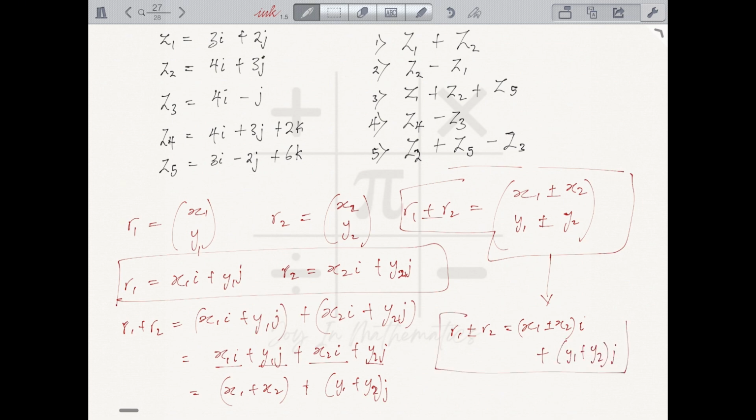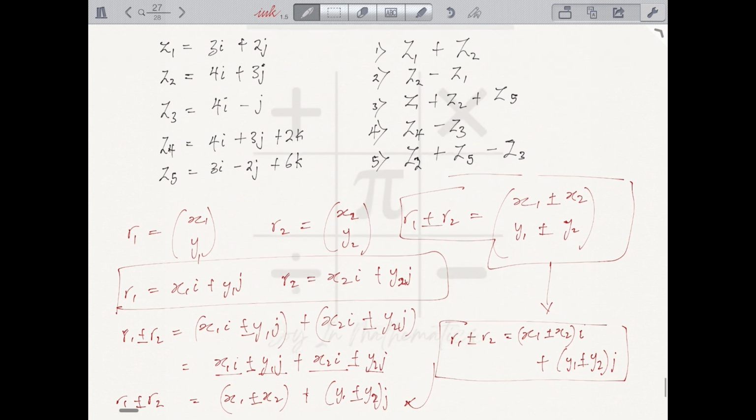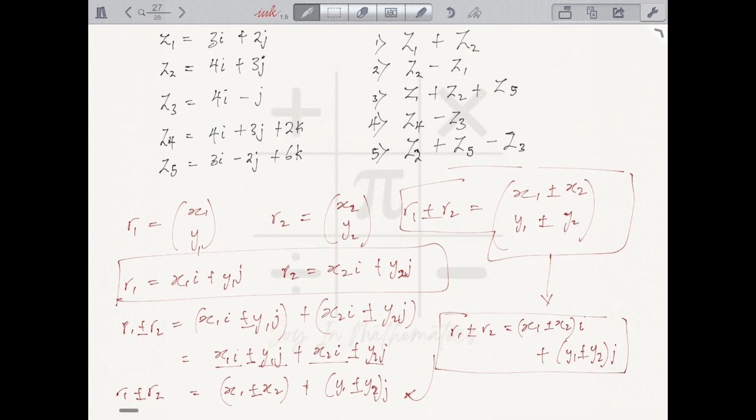So we can see the relationship here, plus or minus, and we can also see it here. If we change this one to plus or minus, everything here will become plus or minus. So we have r1 plus or minus r2. Now we have these examples here.